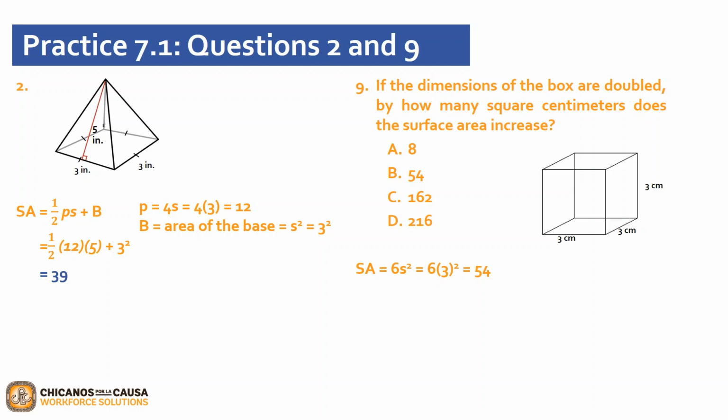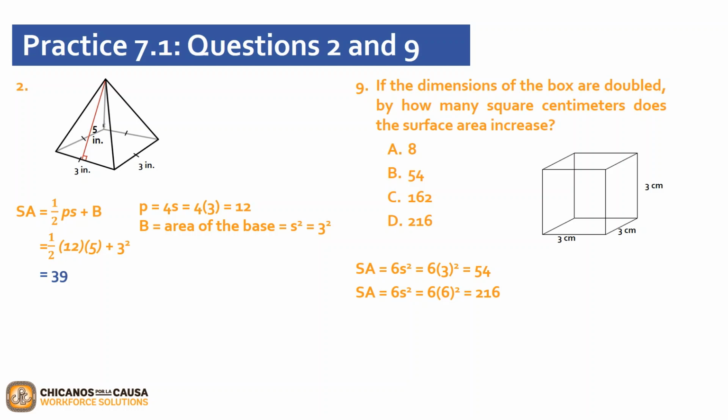So now the question is asking, what if the measurements were doubled? So what double means is that instead of 3 centimeters, they are now 6 centimeters. So let's go ahead and replace the 3 with 6 now. So we have 6 times 6 to the second power, which gives us a total of 216. Well, they want to know the difference.